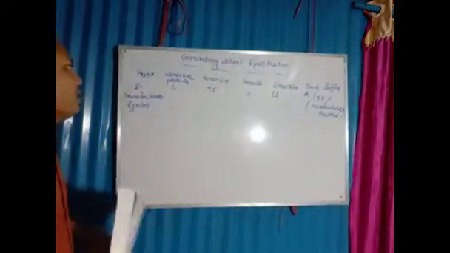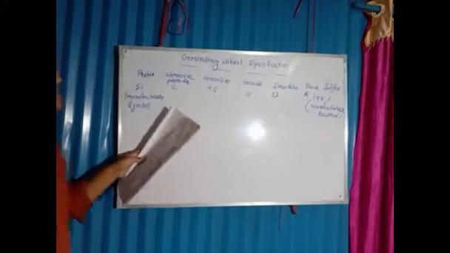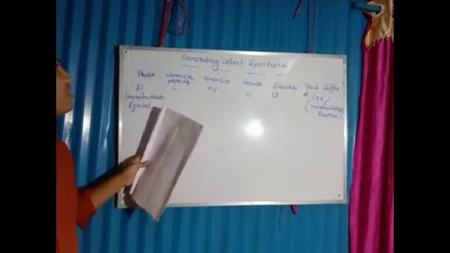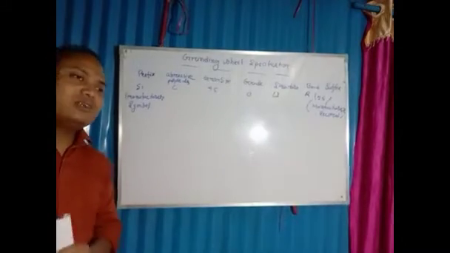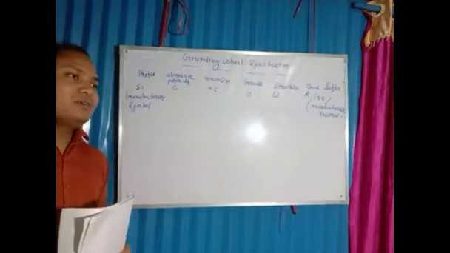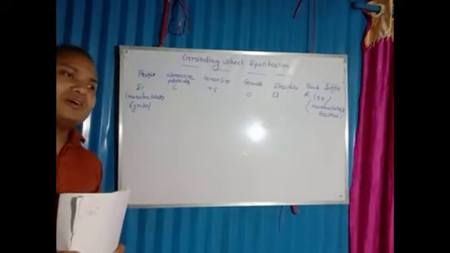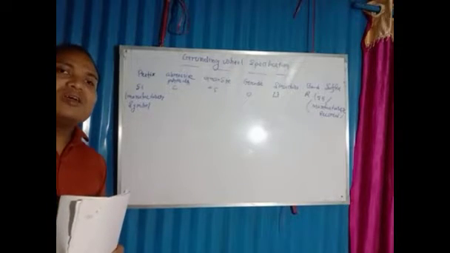First of all, I have to explain abrasive particles. What are abrasive particles? Abrasive particles are particles by which we abrade another surface, and they are also used for cutting.